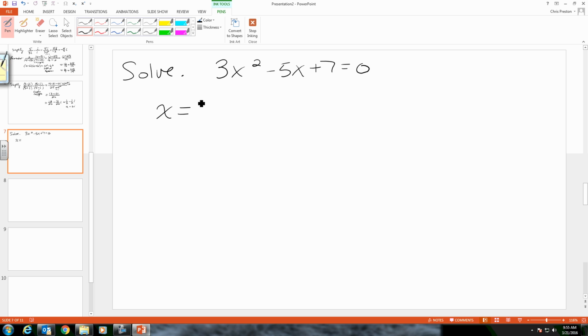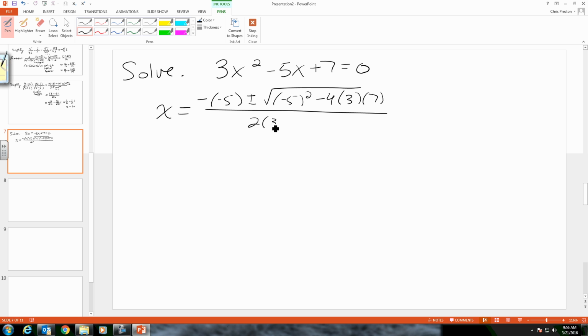x equals negative b plus or minus the square root of b squared minus 4 times a times c, all over 2 times a. All right? So what are we getting here? We got 5 plus or minus, we got 25, we got a 6 down there.